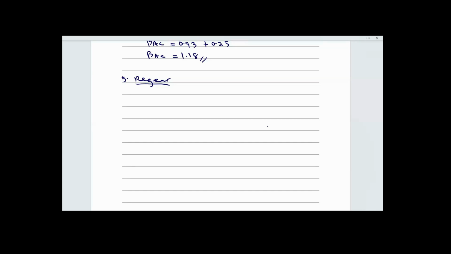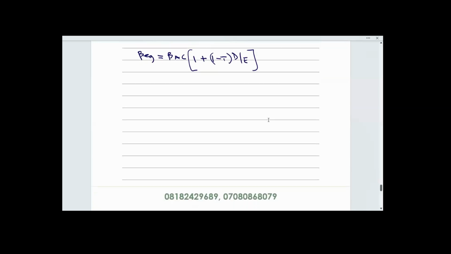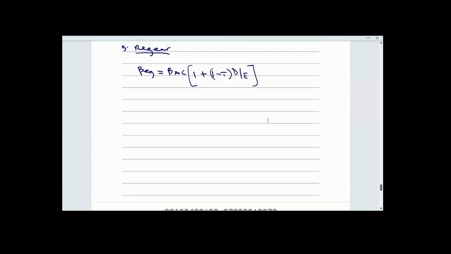So to regear, since the beta is assumed to be risk-free, beta equity of a geared company is equal to beta asset of the combined multiplied by 1 plus 1 minus tax, times the debt equity proportion of the company, not of the activity again.